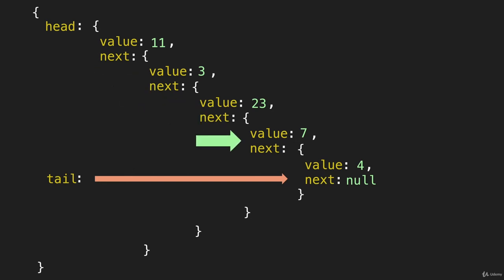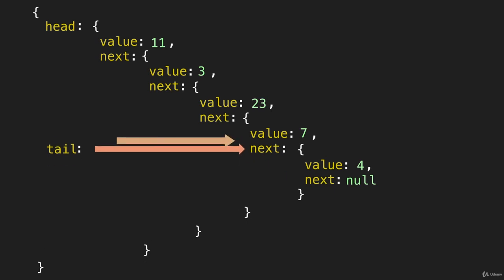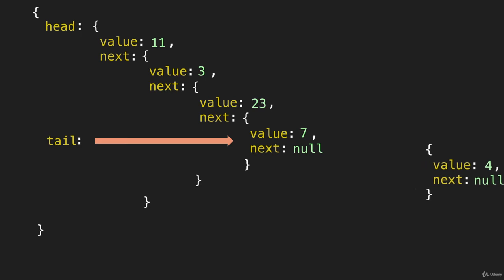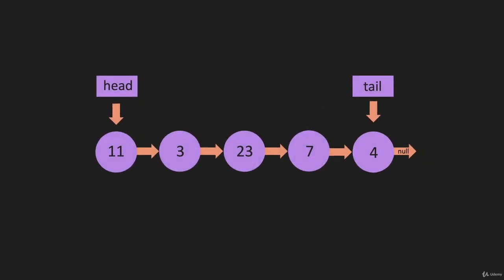Once we've done this, we can have tail set equal to that, and that moves tail up. But we have to iterate through the entire list to make that happen. And that's why a pop is an O of n operation, where push is O of 1. And once we have moved tail up here, we can say tail.next is equal to null, and then remove the node. So now let's put this back in graphical format like this.